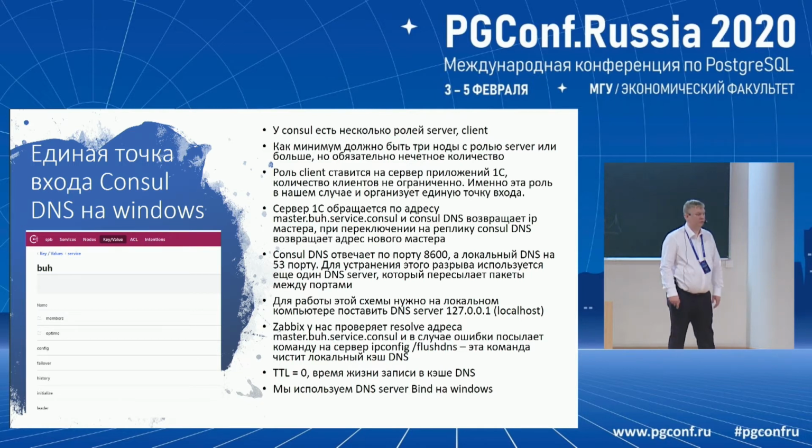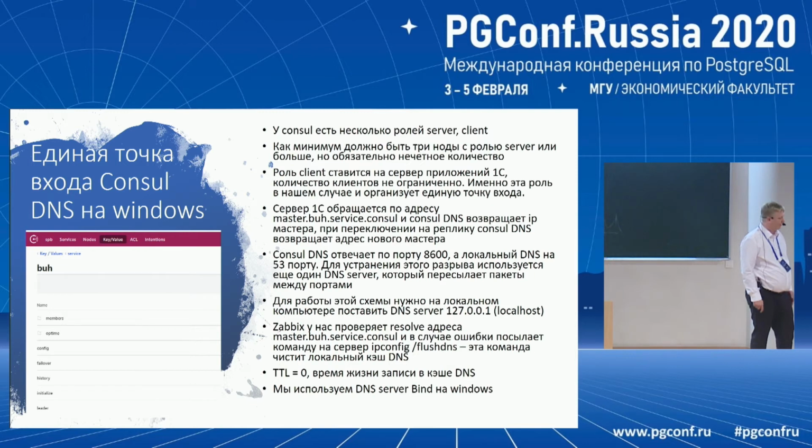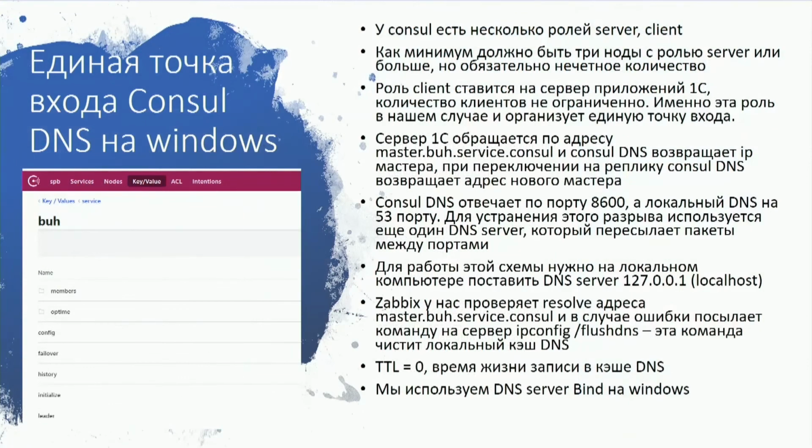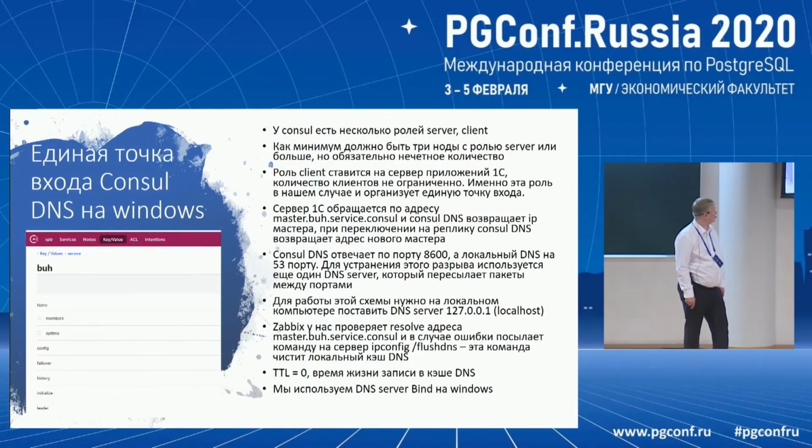It is sending ipconfig /flushdns. It cleans up the DNS cache, and everything begins to work. We do not have instances of that any longer, but we used to have them because of selection of other servers.